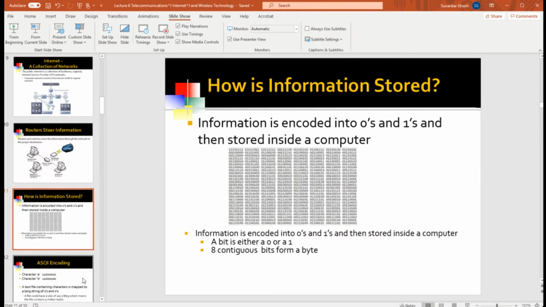A bit is a 0 or 1, and a byte is a collection of 8 bits. So when you have a file on a computer, and let's say it's a text file, let's say it's my syllabus, and you want to download my syllabus from whatever server it's on in the University of Toledo's servers.